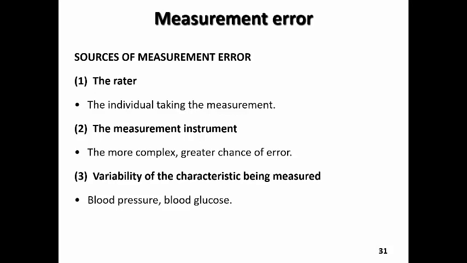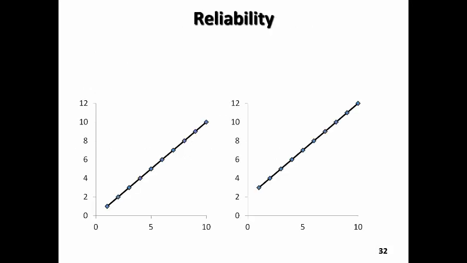So when taking repeated measurements, it is important that such measurements be taken at the same time of the day under conditions that are as close to each other on that day-to-day basis.